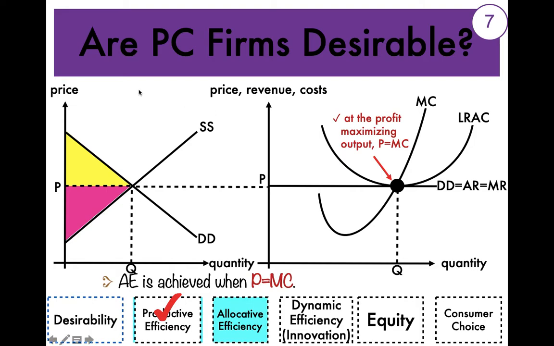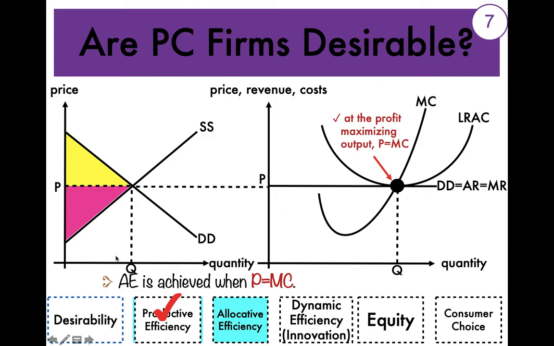Okay, if you go back to the market demand and supply diagram, you will see that this output Q is the equilibrium output of the market. Okay, let's not confuse these two Qs. There are two outputs on the screen. Okay, on the right hand side, it indicates the individual firm's output.